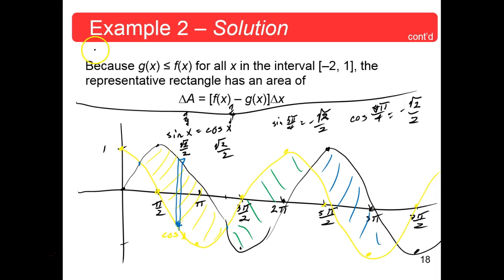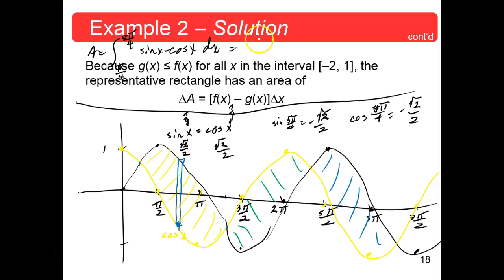What will be our integral? The area between these curves is going to be the integral between pi fourths and 5 pi fourths of sine x minus cosine x dx.